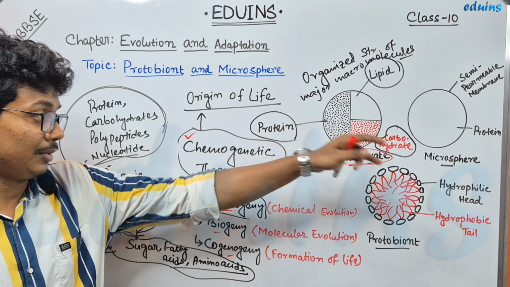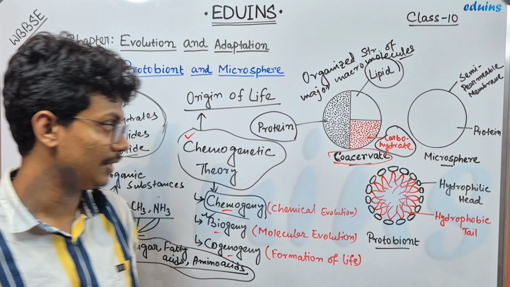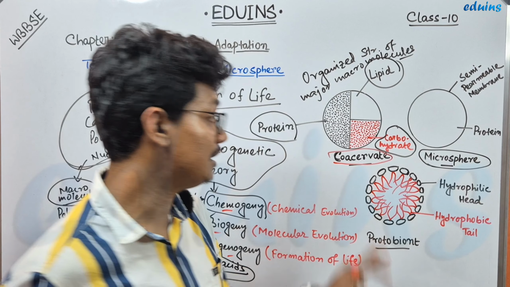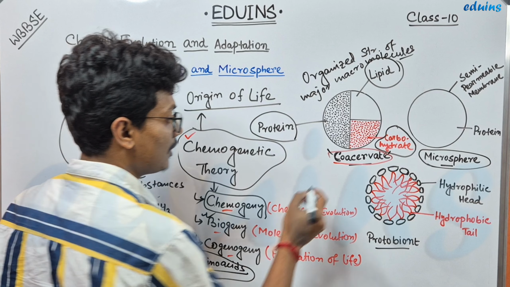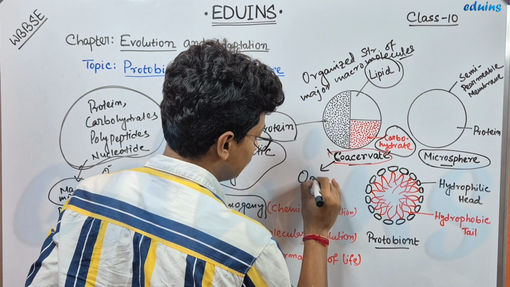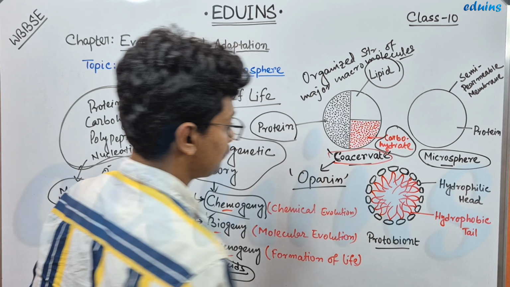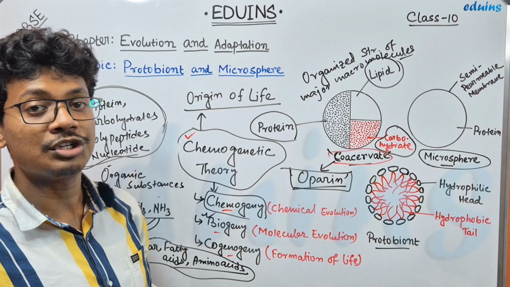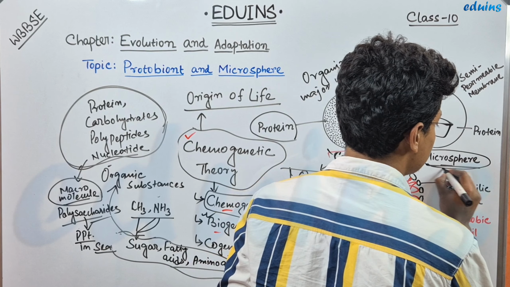They are carbohydrate, protein, and fat or lipid. One more thing: this term coacervate was coined by the scientist Oparin. Next, come to the microsphere.